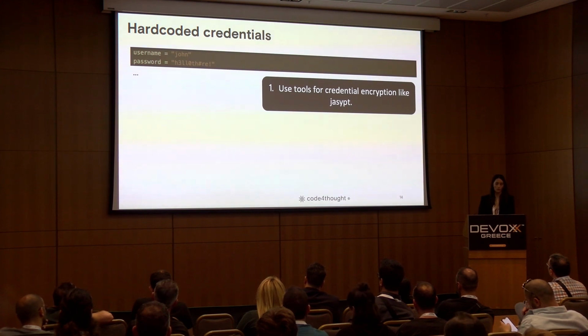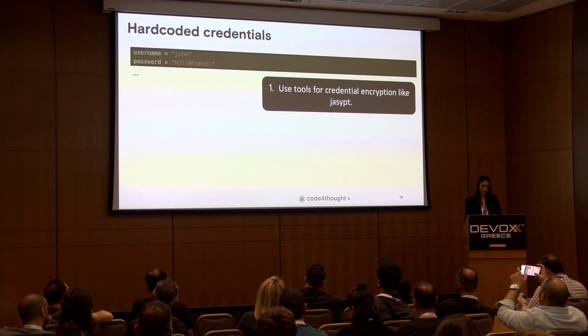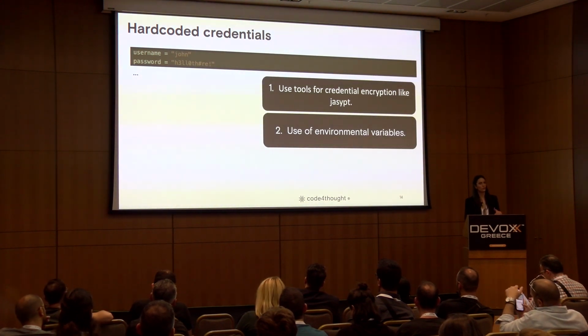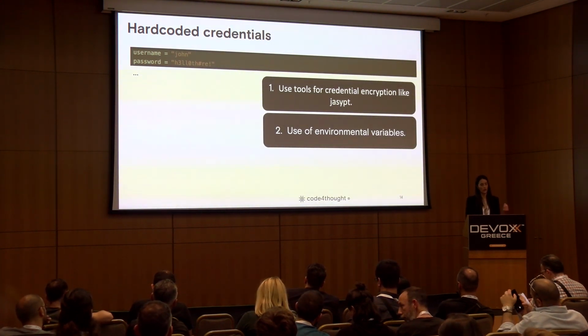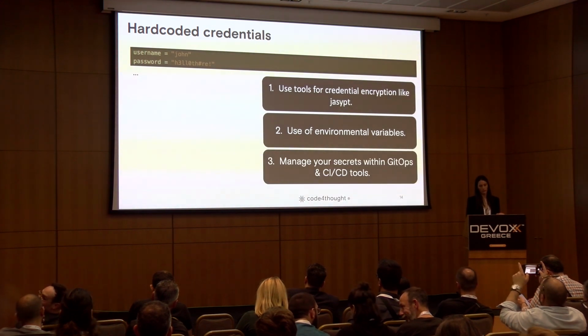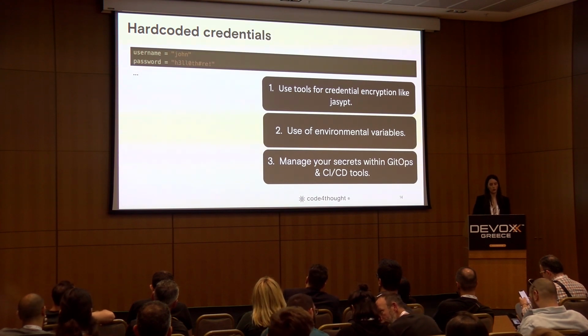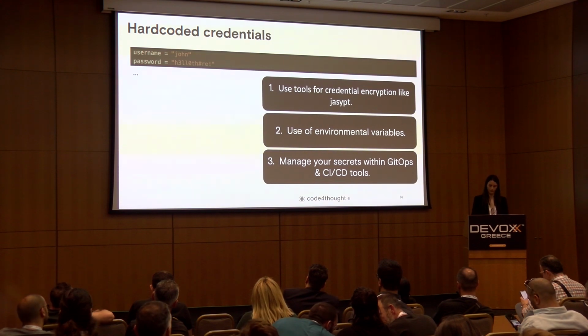For example, the JASYPT tool for Spring Framework, which encrypts application properties values. Then someone could store credentials in environment variables. And last but not least, GitOps and CI/CD tools provide you solutions in order to store and manage your secrets.